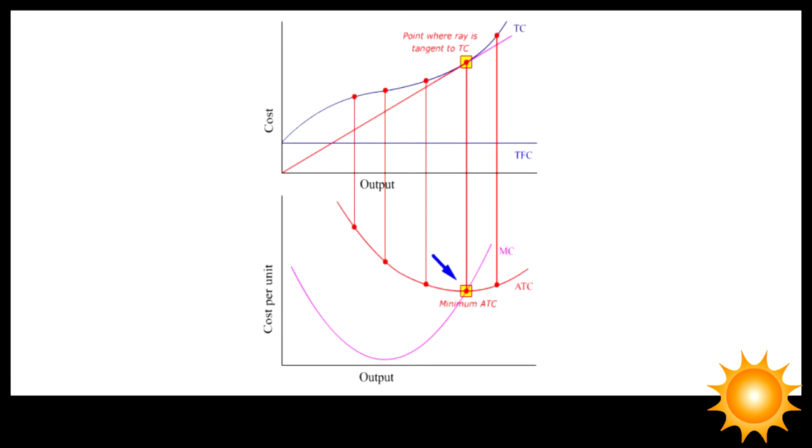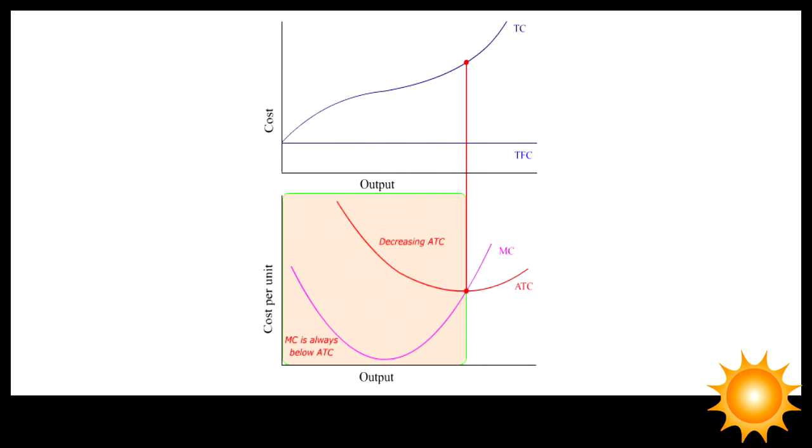Second, ATC has a symmetric U shape because two points on opposite sides of the minimum ATC point on TC have equal slopes. Third, when ATC is decreasing, MC is always below ATC. MC could be falling or rising. Fourth, when ATC is increasing, MC is always above ATC and rising.